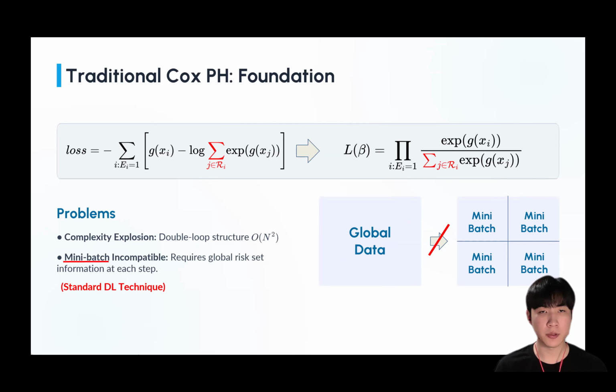To calculate the denominator, we must scan the entire surviving group at every event, resulting in O(n) squared complexity. This quadratic growth makes it nearly impossible to scale for large data sets. Ultimately, this creates a direct conflict between the statistical need for global information and the local nature of mini-batch training.